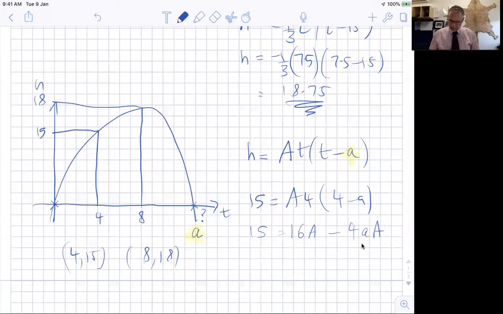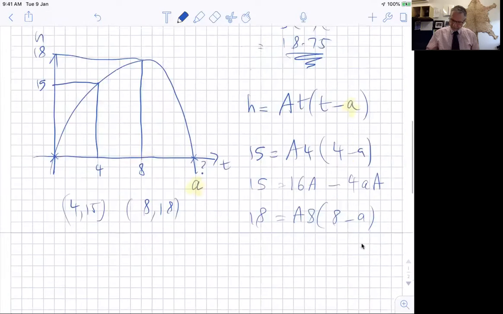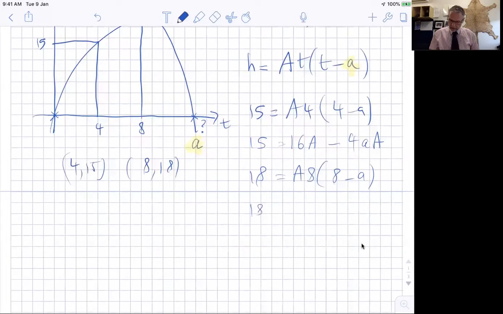And then we've also got the other one, which is 18. And therefore 18 is equal to A times 8, and we get 8 minus a. Expanding that out, we get 18 is equal to 64A minus 8a.